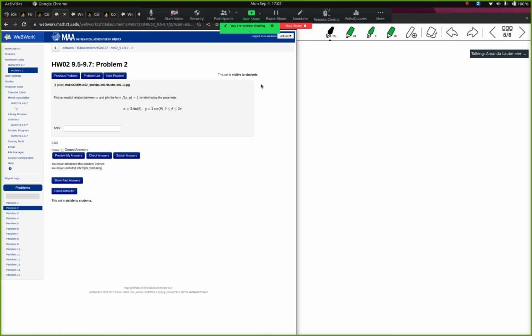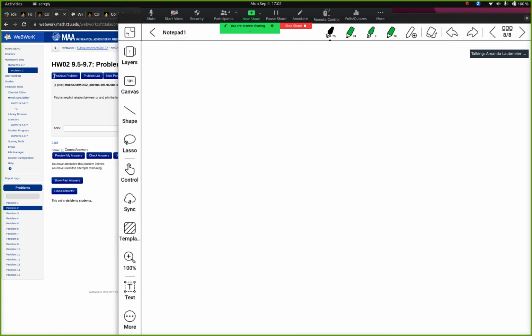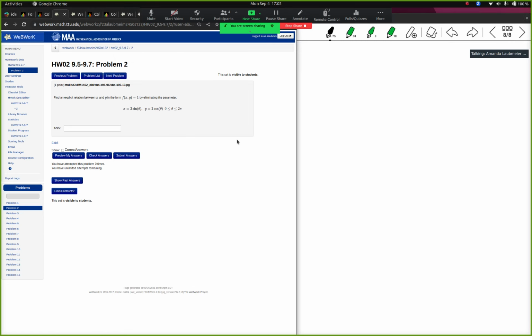And so what we've got is, let me write it and then I'll switch. x equals 2 sine theta, y equals 2 cosine theta. We're told 0 is less than or equal to theta is less than or equal to 2 pi, and we're trying to get f of x, y equal to 1 by eliminating the theta.